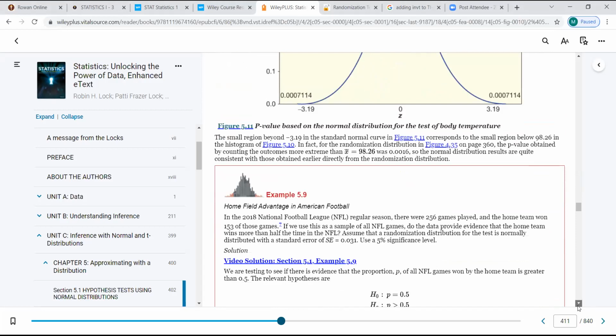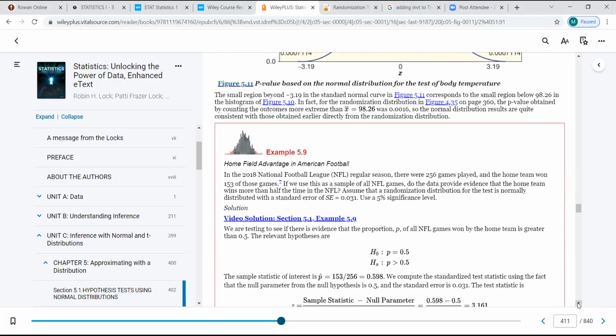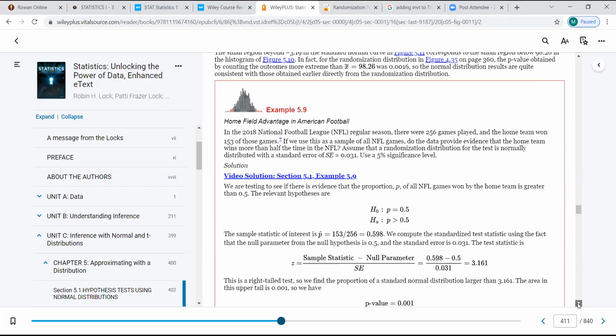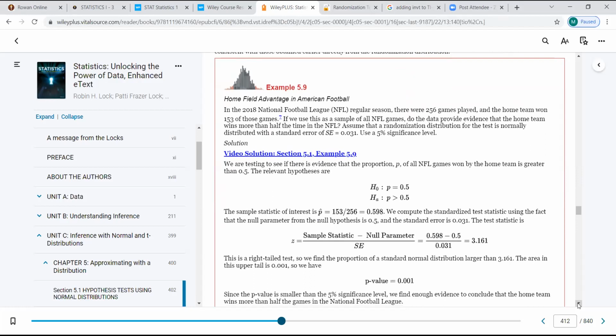Any questions about how we're using a formula to come up with this? Any questions? All right, and this is another example where we're looking at National Football League games. This is in 2018.